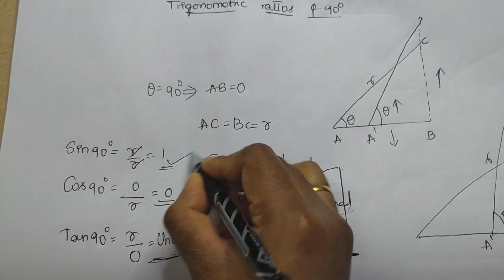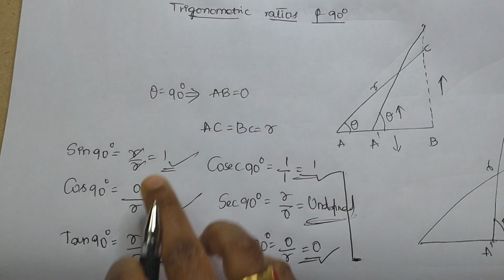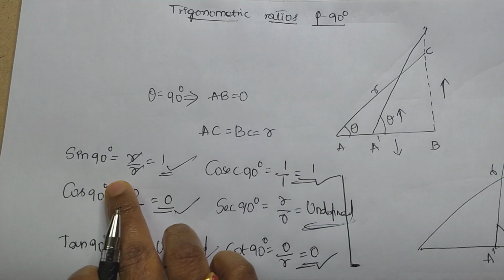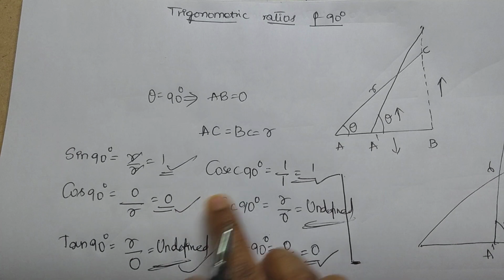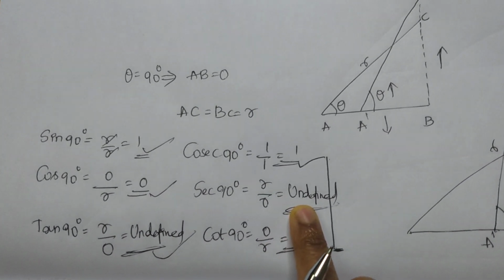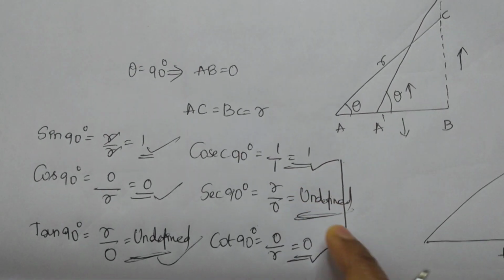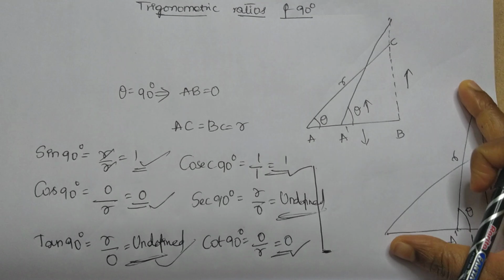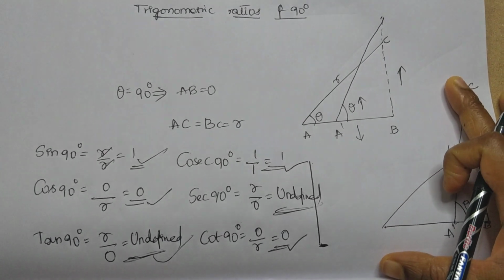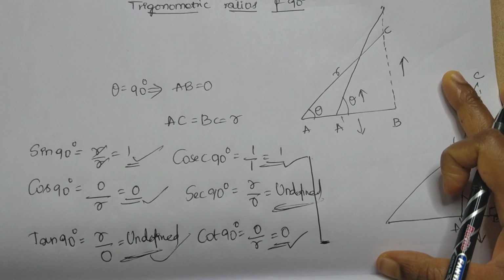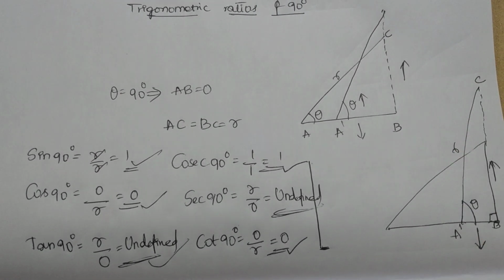So sine 90 is 1, cos 90 is 0, tan 90 is not defined, cot 90 is 0, secant 90 is undefined, and cosecant 90 is 1. So with this, all the trigonometric ratios of 45, 60, 30, 0 and 90 degrees are solved.